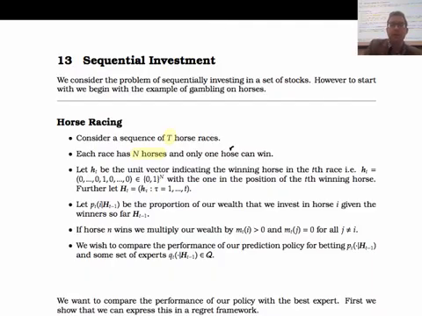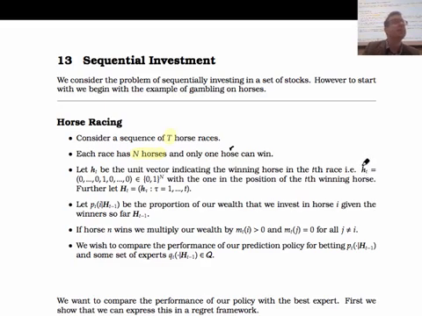Now, we're going to let h_t be the unit vector which indicates the winning horse in the t-th race. So little h_t is going to be a vector of zeros and then a 1, and then a number of zeros, with the 1 being in the position of the t-th winning horse.